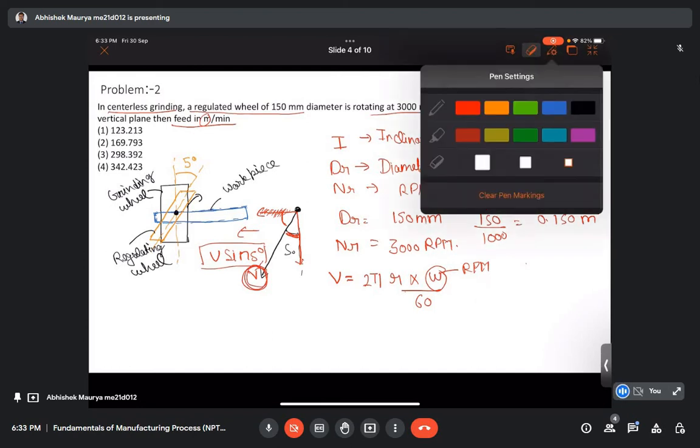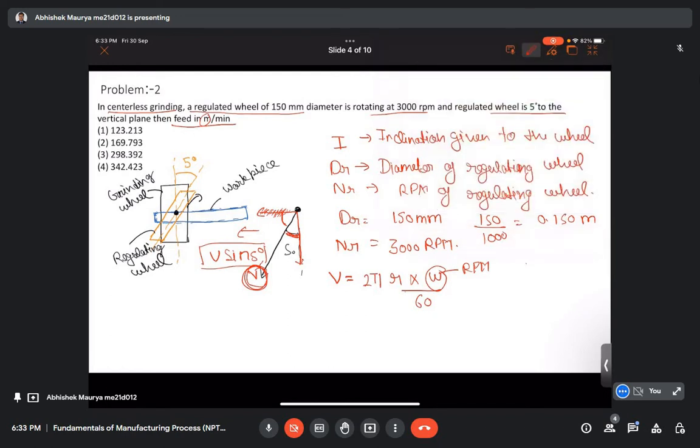Now we will put the values in this formula. So we will get 3.14 multiplied by 2, and here r is the radius of this regulating wheel.